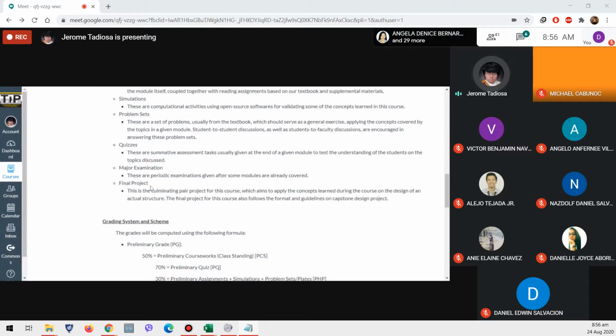The format for the final project is similar to the capstone design project. However, there will only be one context, structural context only, and I will try to lessen the required minimum number of constraints and trade-offs.